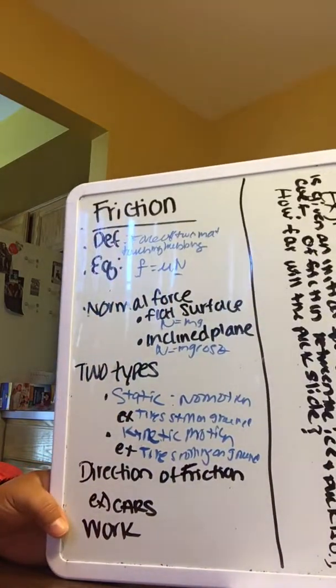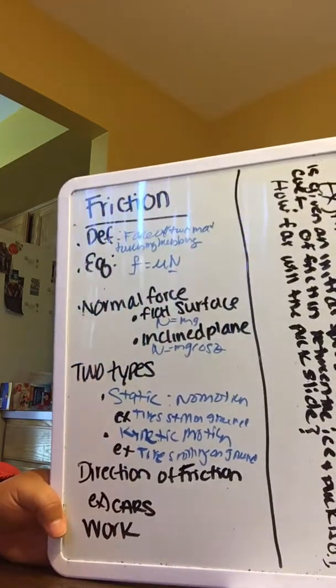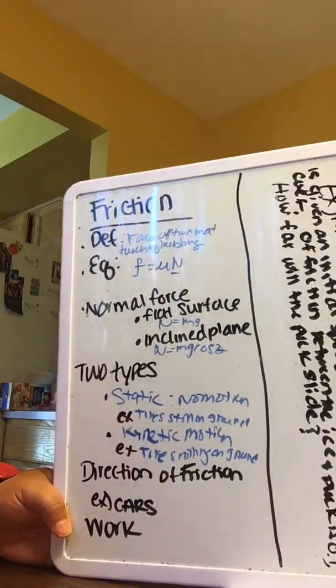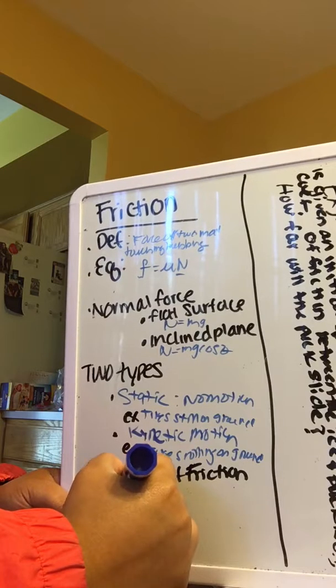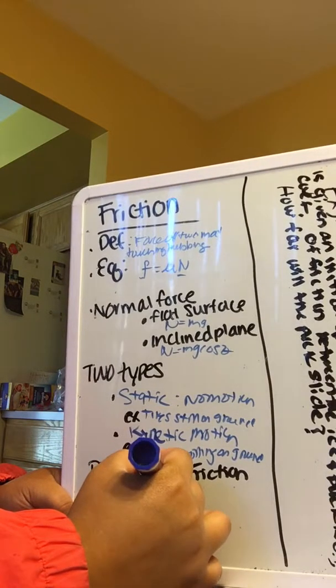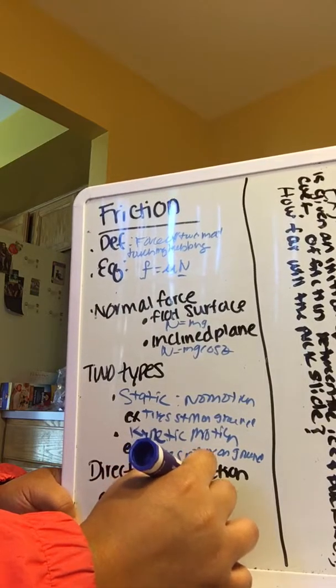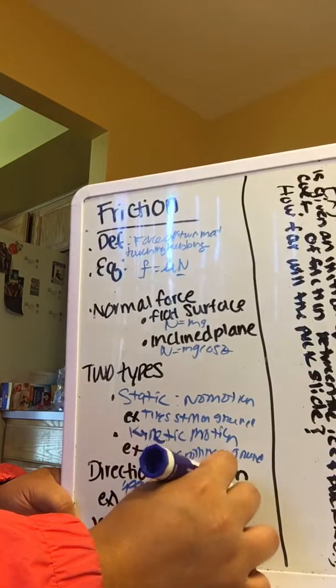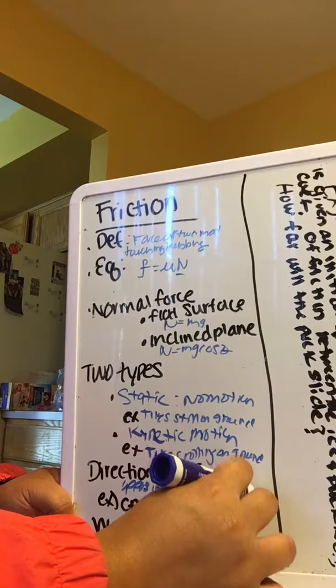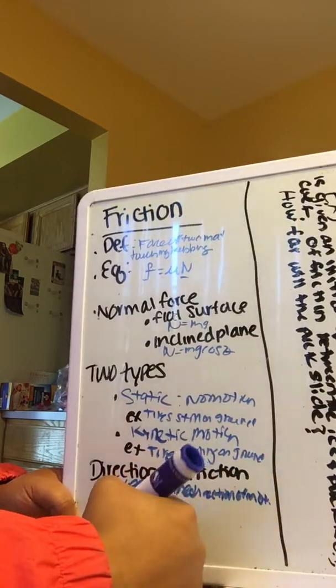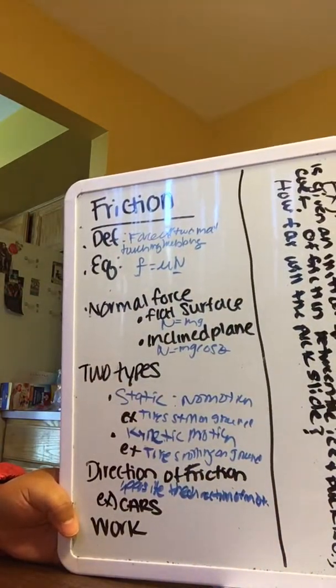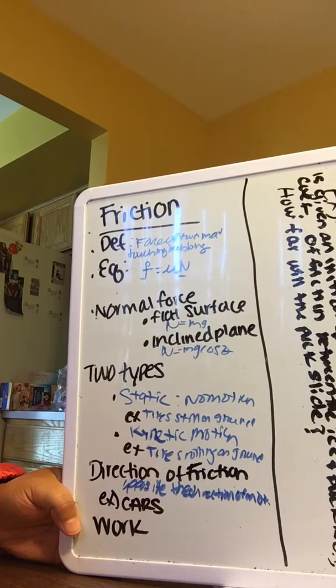So one thing that we should know is the direction of friction. The direction of friction is opposite the direction of motion. So a good example is like cars.